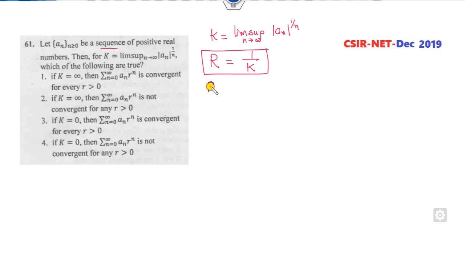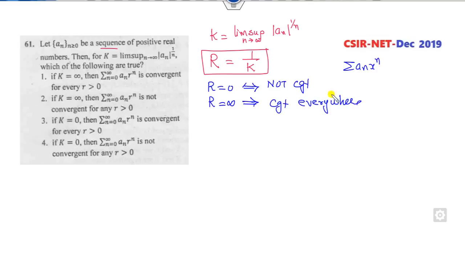So remember, if we find that the radius of convergence r is 0, what does that imply? The power series is not convergent. If you prove that r is infinity, this implies it is convergent everywhere. So look at this shortcut tip. K is equal to infinity means r is 0. R is 0 means not convergent, but he said convergent.